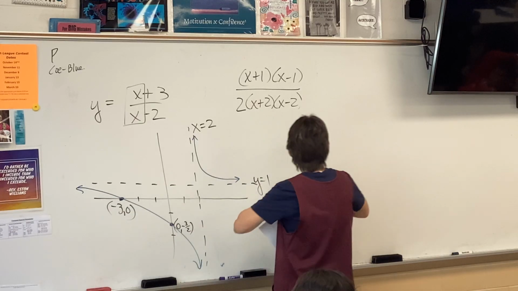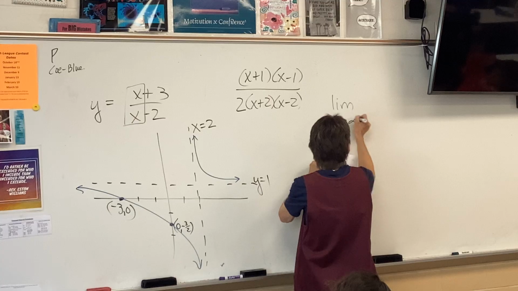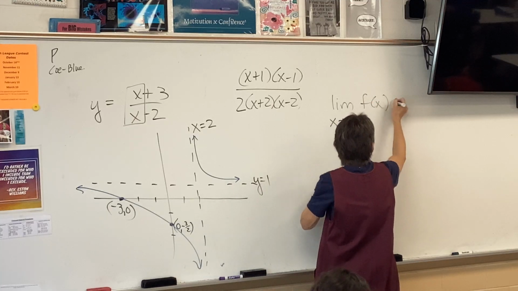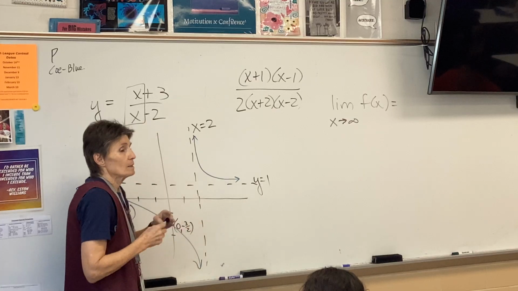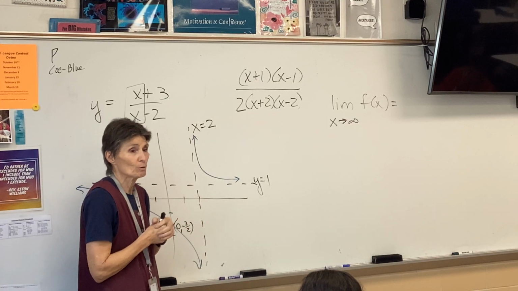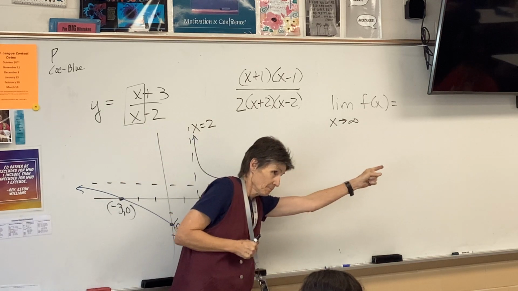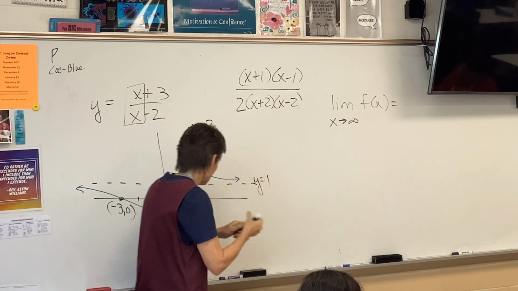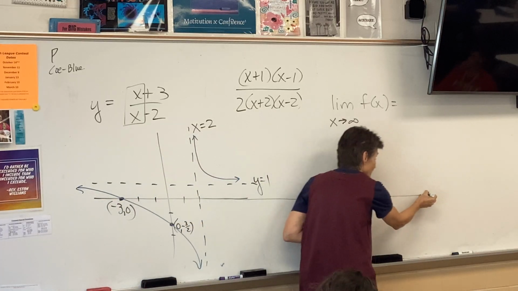We are going to find the limit as x approaches infinity of this problem. Now, where is infinity? Where is x approaching infinity? That way. This is your x-axis, and here we are approaching infinity, right?